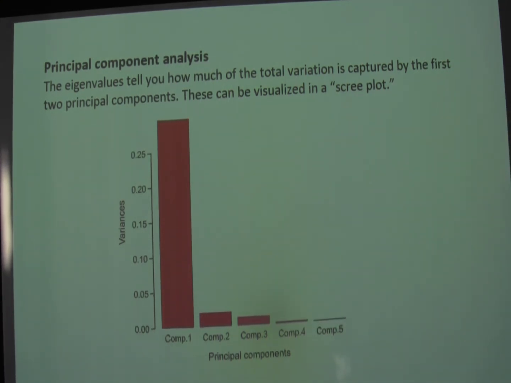So even though you've measured 5 traits, and there are 5 dimensions, there's hardly any variation in at least 1 and possibly 2 of those dimensions. And this is what makes it possible to visualize the data in a smaller number of dimensions and have it make sense.